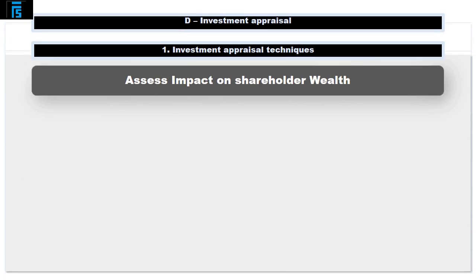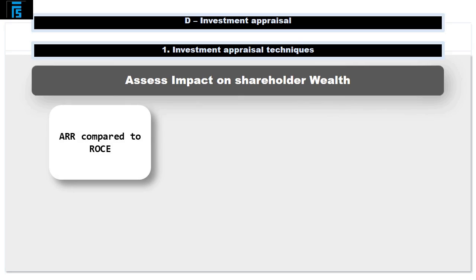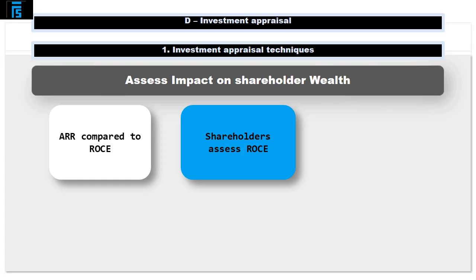The whole point of appraising this opportunity is ultimately to see if we want to go ahead or not, or if it will make our shareholders wealthier. Accounting rate of return is often compared to the company's overall return on capital employed, which is a similar measure to accounting rate of return, just for the whole business. A key point here is that shareholders, the owners of the business, often look at return on capital employed to help them understand how well the business is doing.